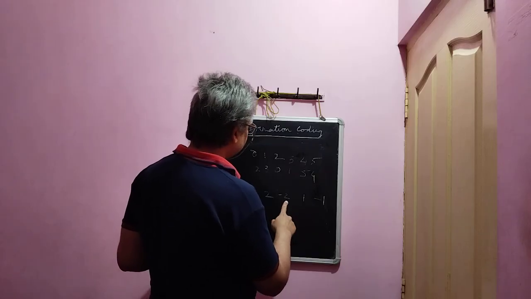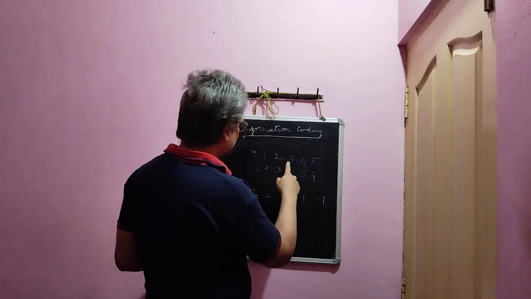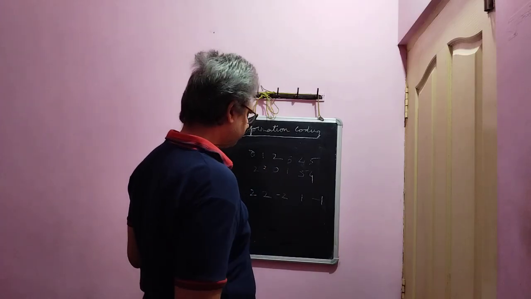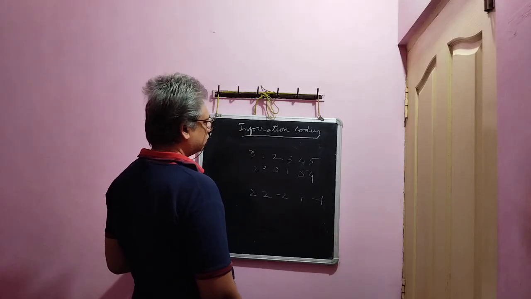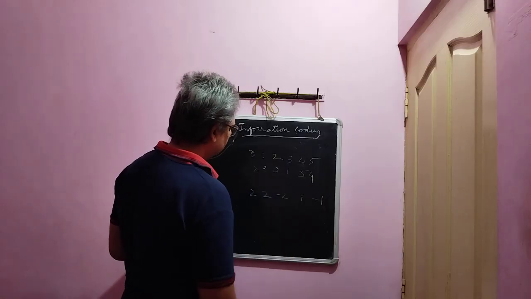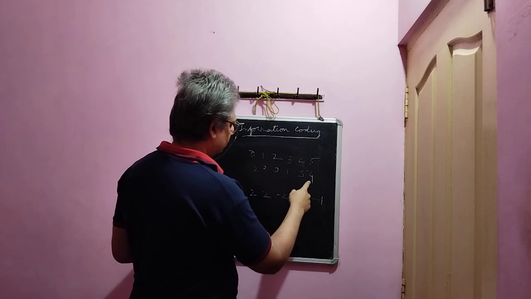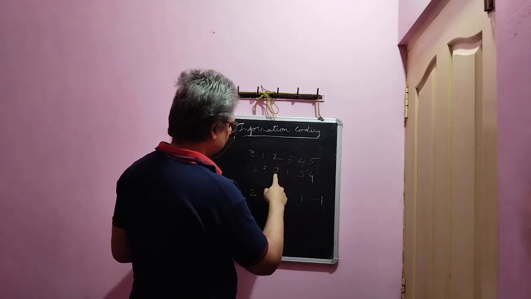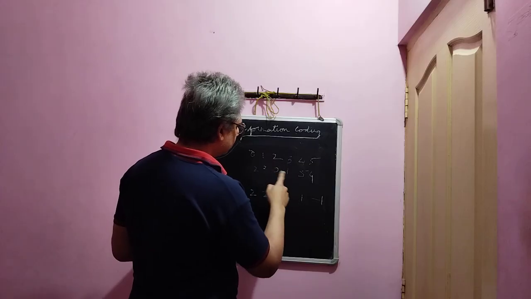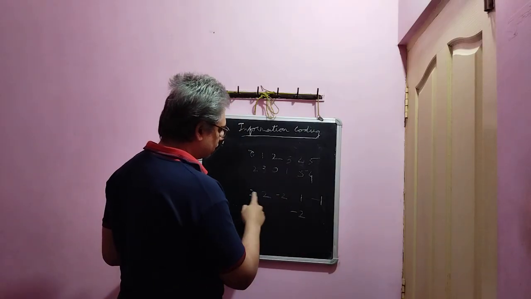3's distance is minus 2. 4's distance is plus 1. 1's distance is 2. 0's distance is 2. So there you have minus 2, minus 2, minus 1 and 2, 2, 1.